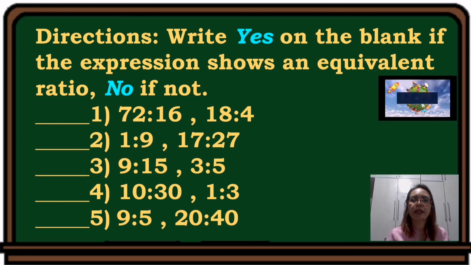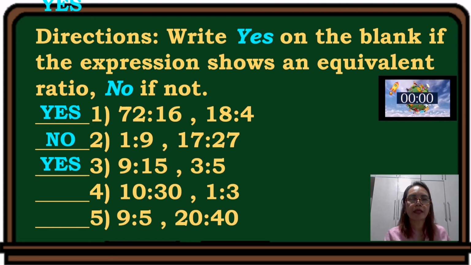Okay, time is up. Let's answer. Number 1 is yes. Number 2 is no. Number 3 is yes. Number 4 is no, yes. And number 5 is no.